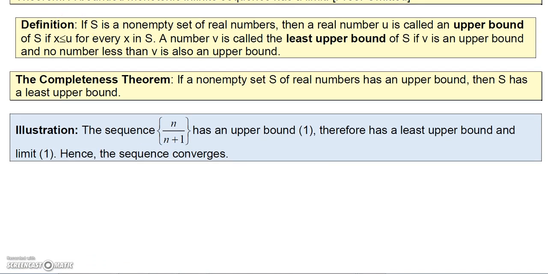Okay. So here we're just going to define the terms upper bound and least upper bound.